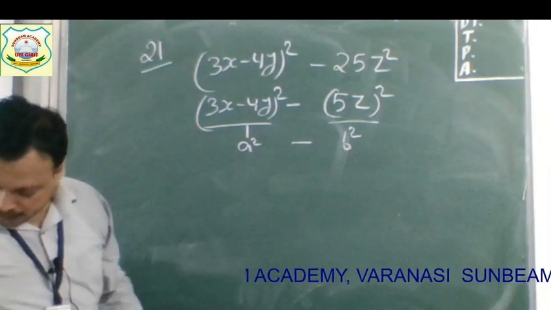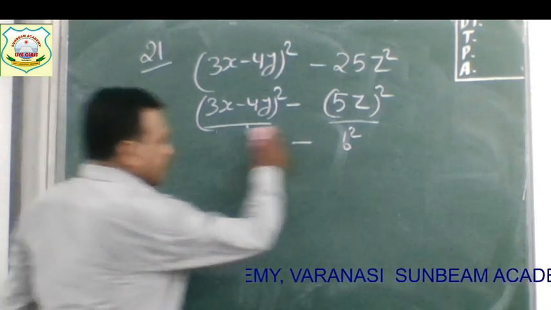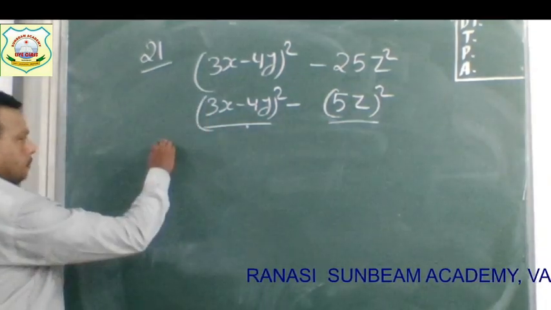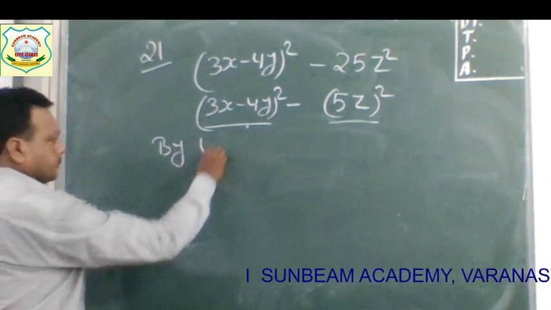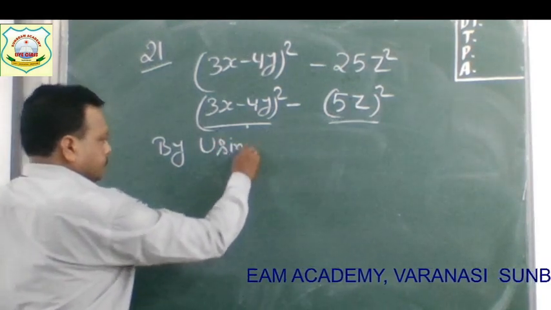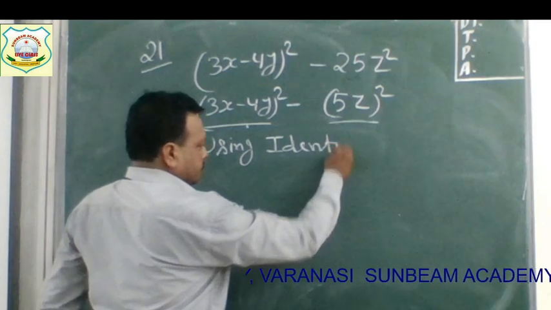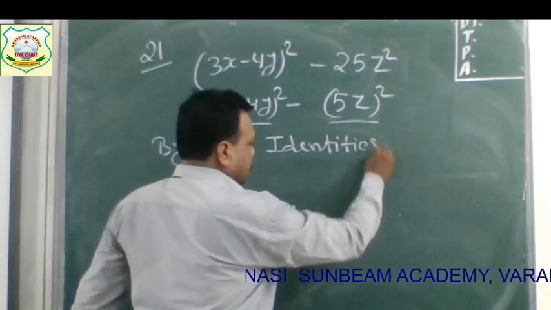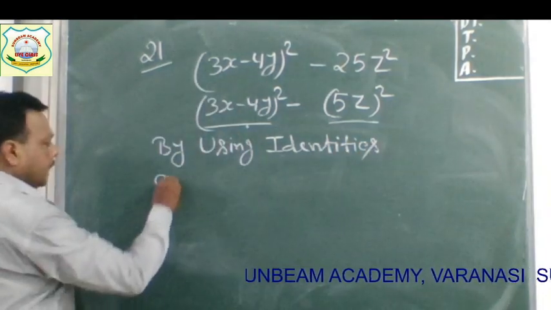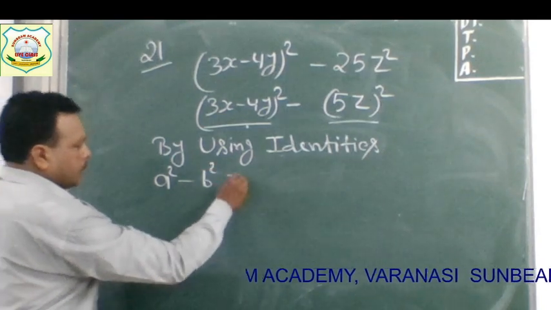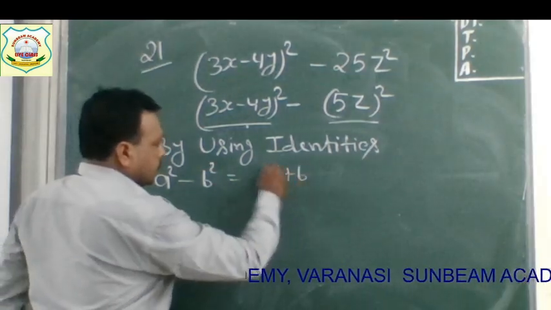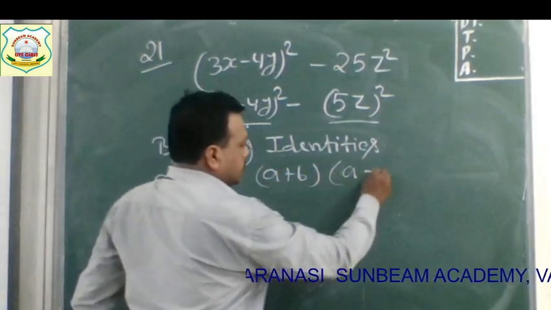So we will write here, by using identities, a square minus b square equals (a plus b) times (a minus b).